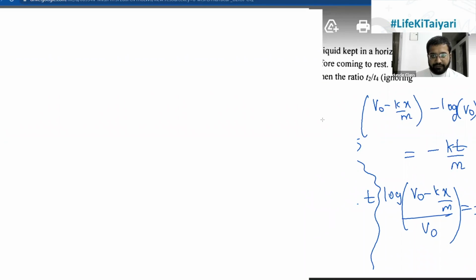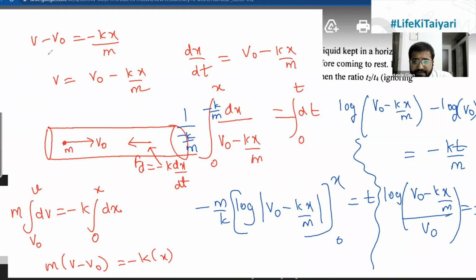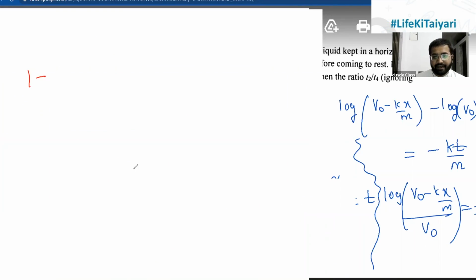So what do we have? We have got v naught minus kx by m. Let's split this now. Why v naught? There should be v somewhere. I've written something wrong somewhere. No, okay, it's in terms of x, nothing. Perfect. Sorry. So we have got 1 minus kx upon m v naught is e raised to minus kt by m.